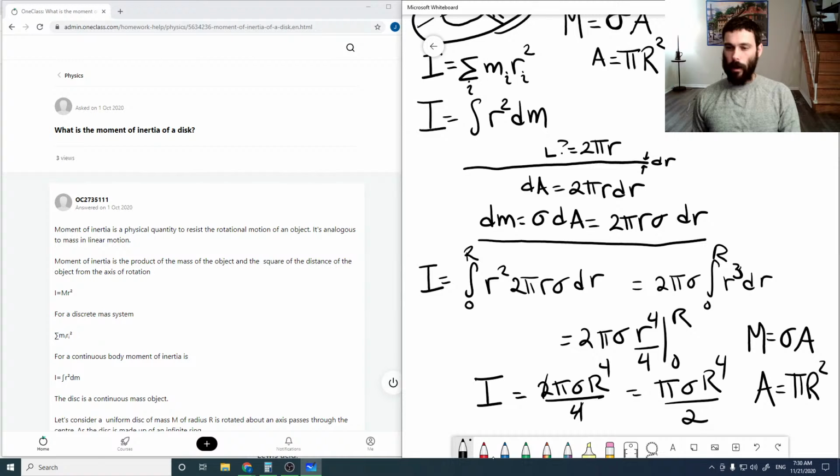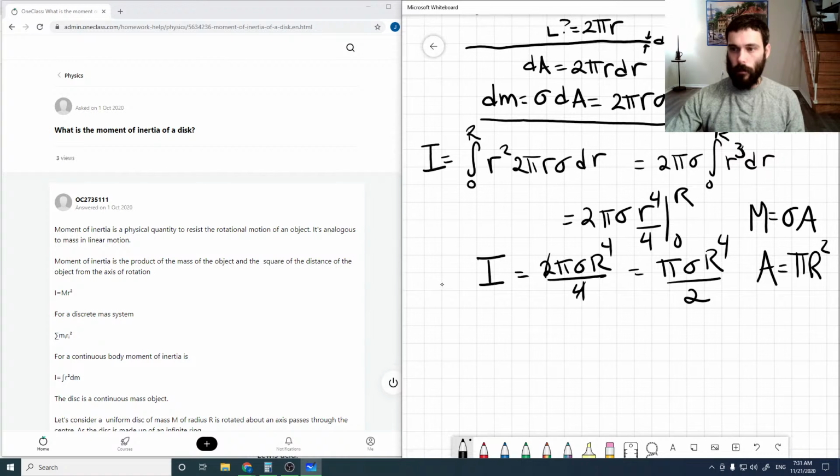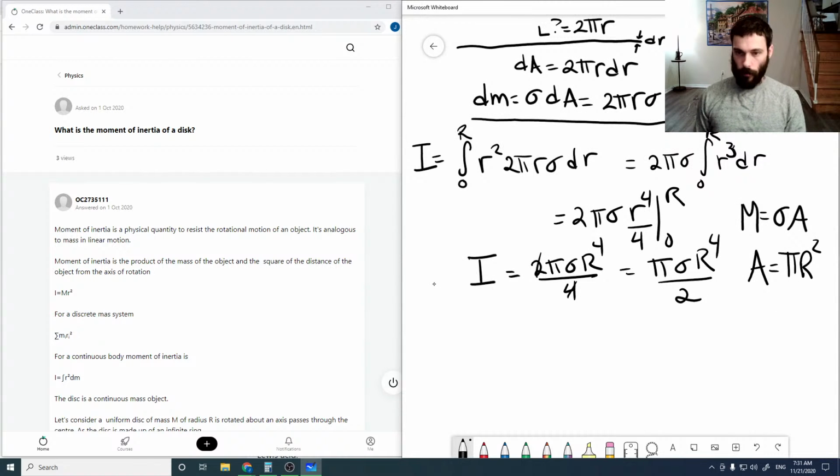So sigma pi r squared is our mass. And so using those two expressions, we have that our moment of inertia is m r squared over 2. And this is neat because these are just parameters for the disk, right? So this is the total mass for the disk, that is the radius of the disk, and it's just divided by 2.